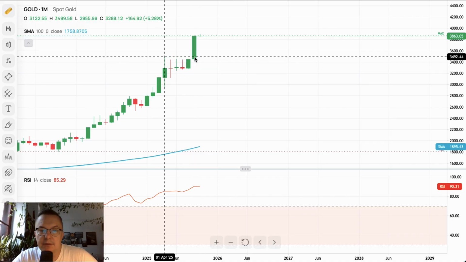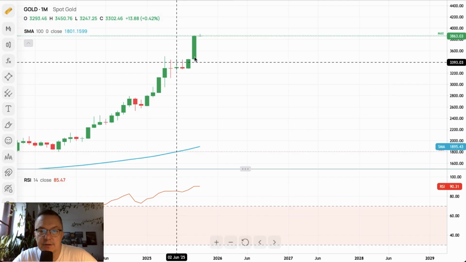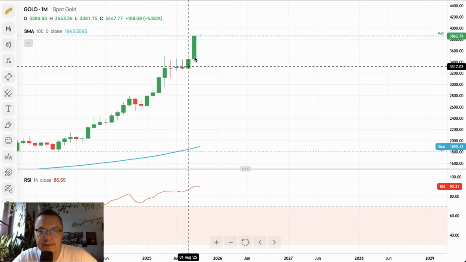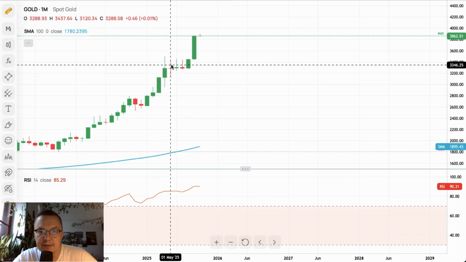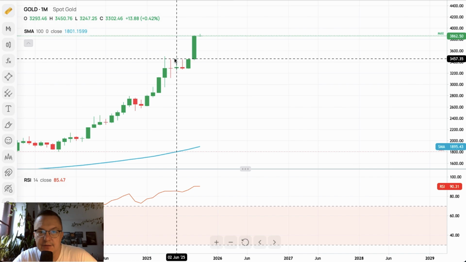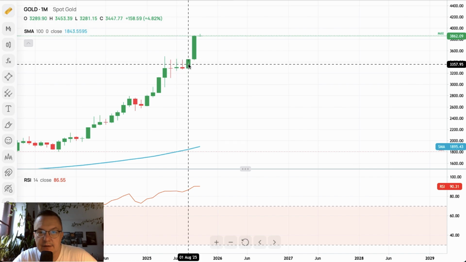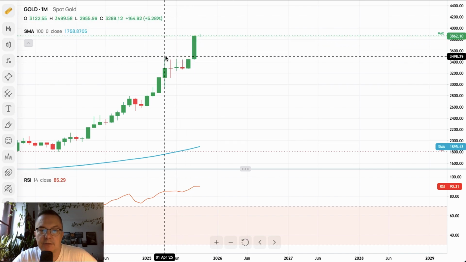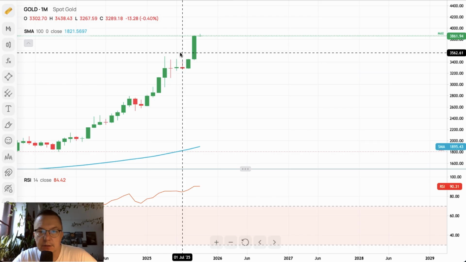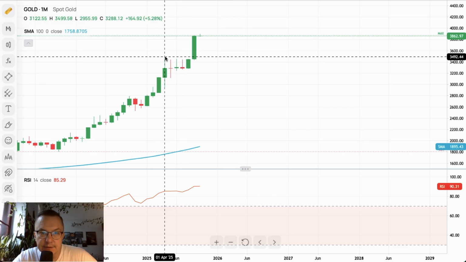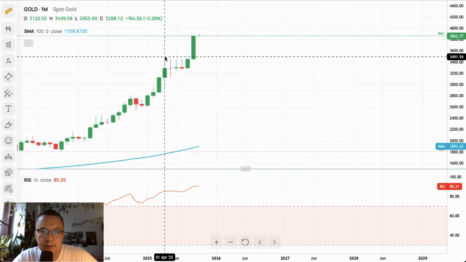After the period of hesitation, correction, some kind of supply coming in around this level, 3,400, 3,500, roughly around here, we have a breakout, and now the market would mostly see the end of the move up, because there's time for a pullback.